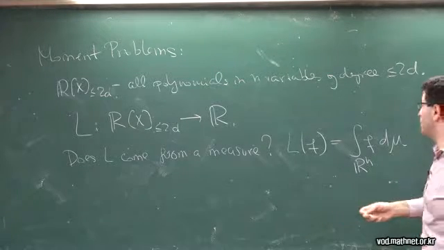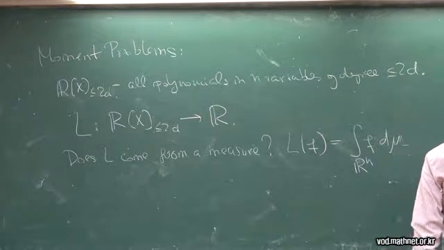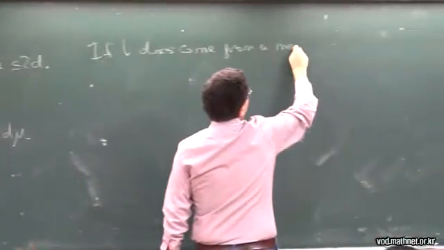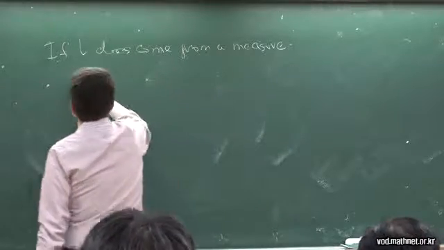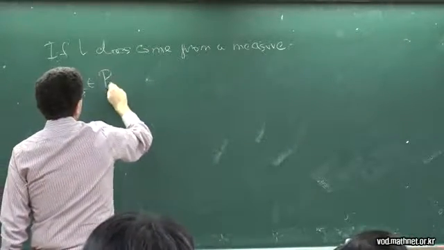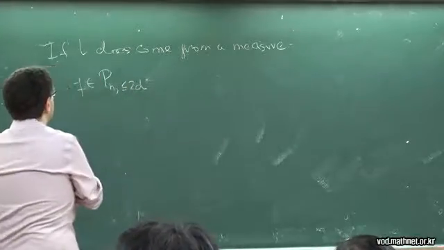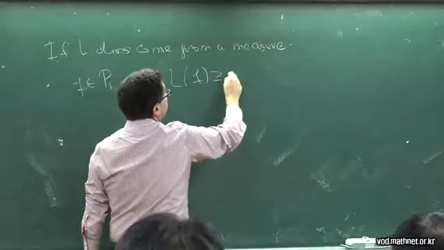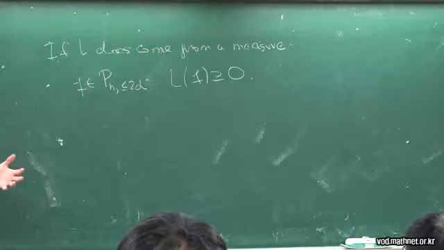So what I'm saying is that if L does come from a measure, and I take f, a non-negative polynomial, of degree less than or equal to d, then you know that L of f better be non-negative. I mean, there is no question about that.